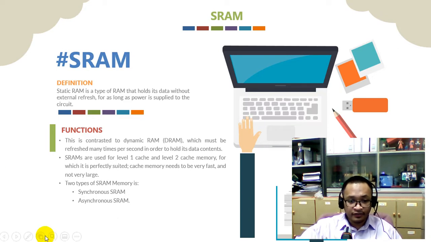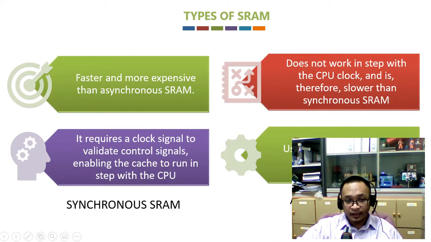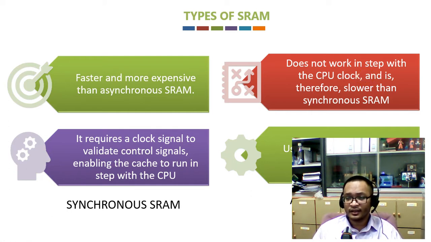The two types of SRAM that we have are synchronous SRAM and asynchronous SRAM. Synchronous SRAM is faster and more expensive than asynchronous. The asynchronous one does not work with the CPU clock and is therefore slower than synchronous SRAM.